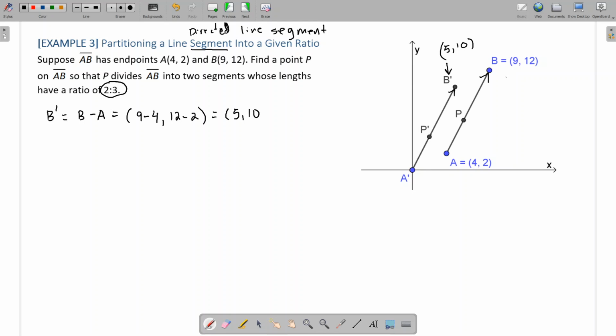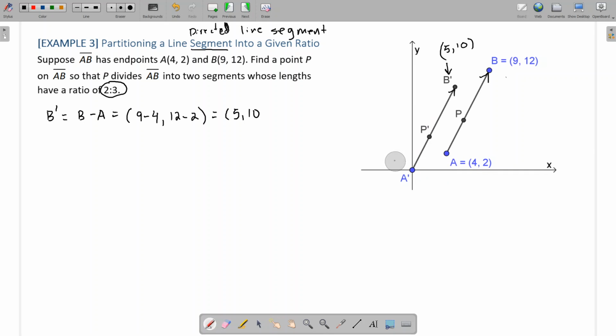Once I have this point, then I simply shift it back to the other line. And we shift it in the same way. We're just going to go back up 2 and over 4. Same way that we shifted down 2 and back 4. That will just transform us from one segment really back to the other segment.